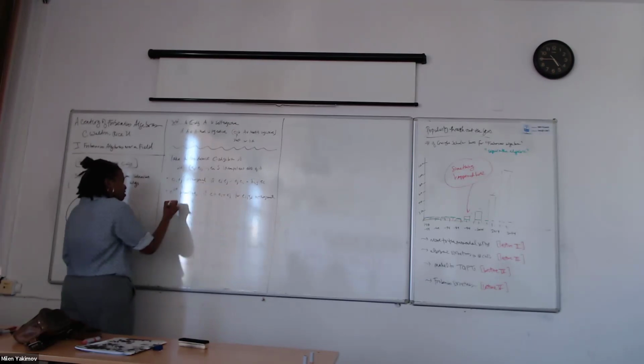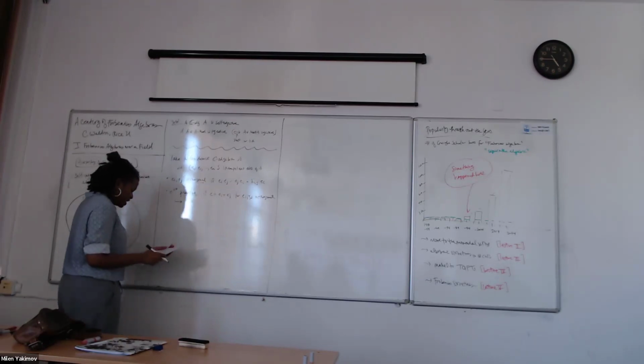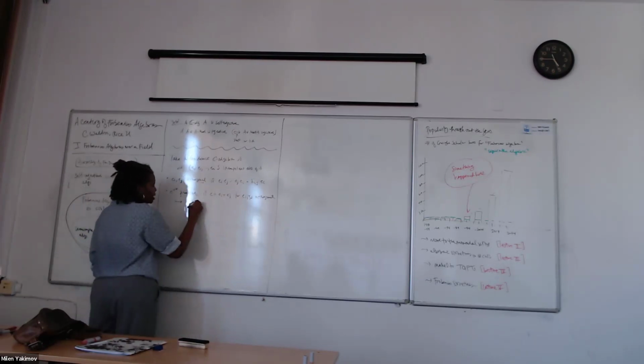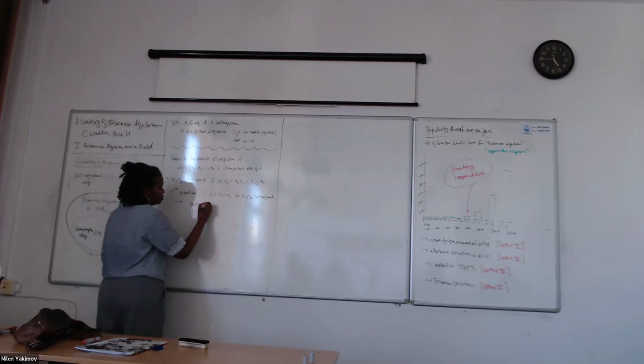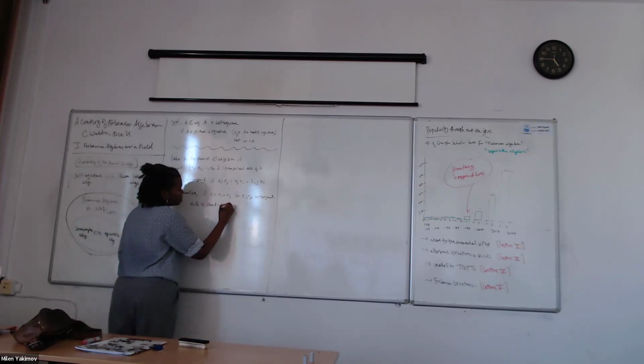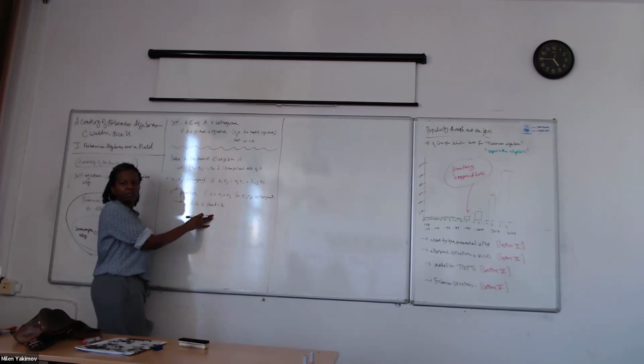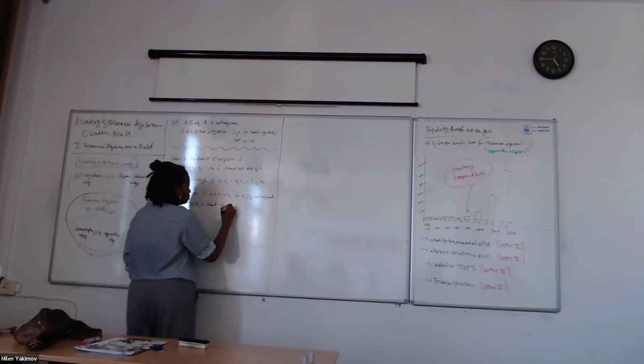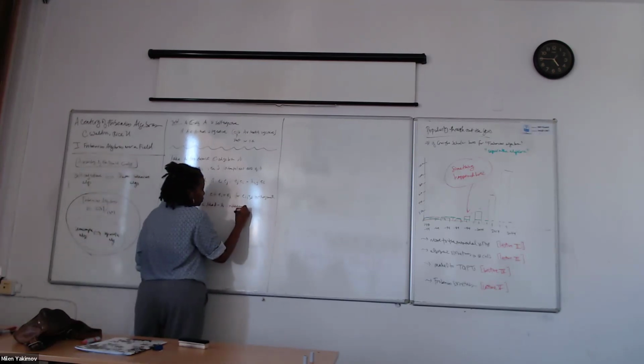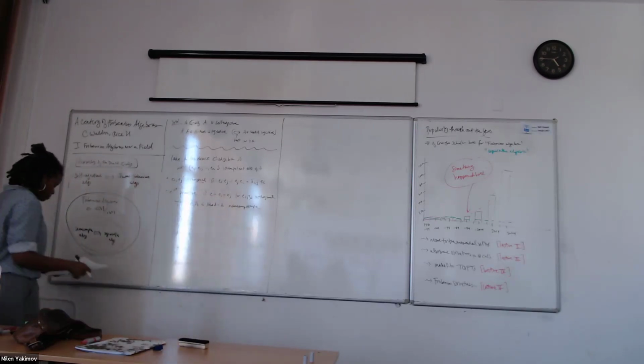And the reason why you care really is because if you take the cyclic module generated by this primitive idempotent, it ends up being indecomposable. So it's a nice building block for the module theory of A. That's why you care about these things. It gives you a nice indecomposable piece of A.